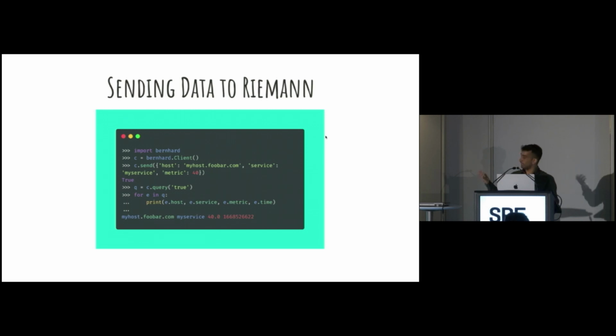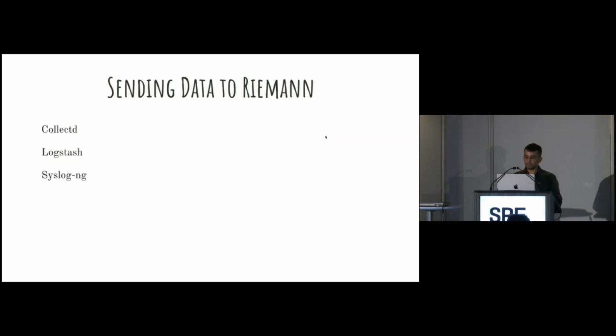So here, this is an example of a Python library where we are sending an event as part of the application, and then we are querying the Riemann index to read back that recently sent data. Also, all the established metric collection tools like collectd, logstash, syslog-ng, they all support Riemann output. So you can actually use any of these by default.